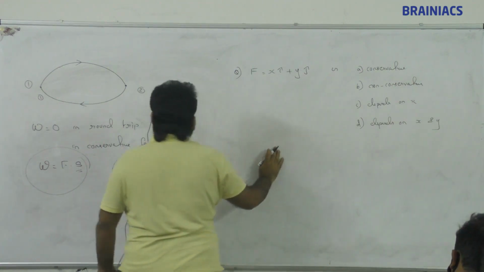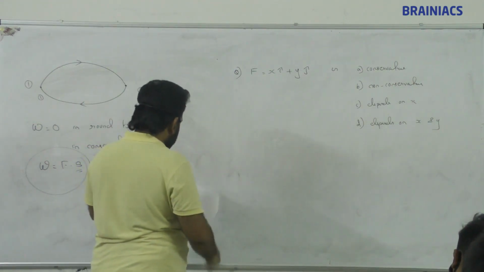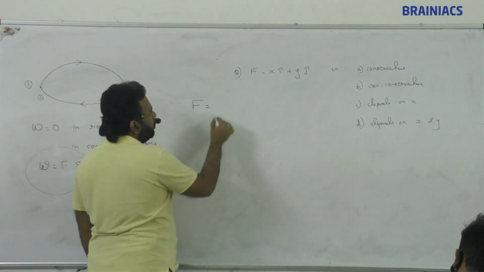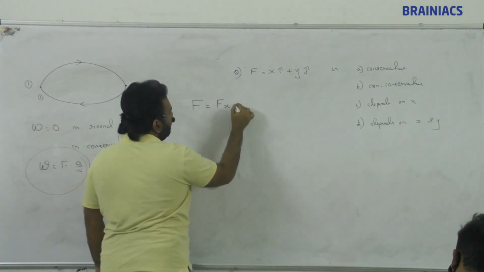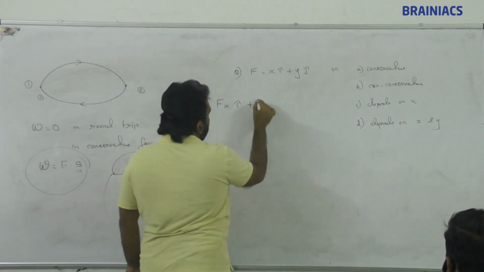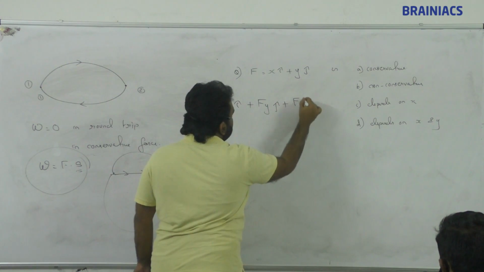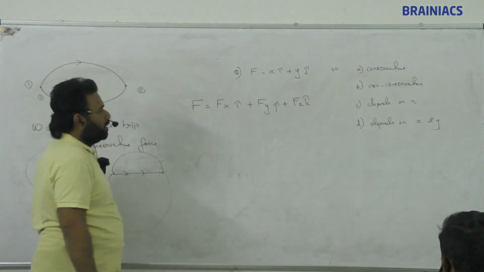In this kind of way, if they ask, suppose we get F equal to Fx i plus Fy j plus Fz k.